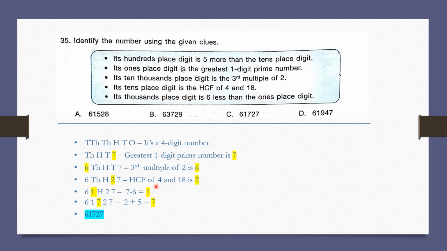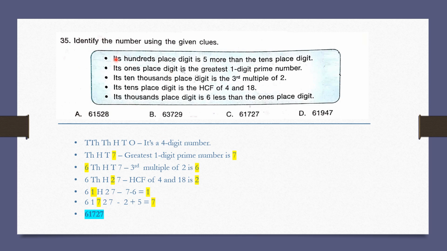So HCF of 4 and 18 is 2. So we replace the tens place with it. Now the last clue is its 1,000 place digit is 6 less than the ones place digit. Now we have the ones place digit 7, and it is 6 less than, so 7 minus 6 equals 1. So at the 1,000 place we put the 1.